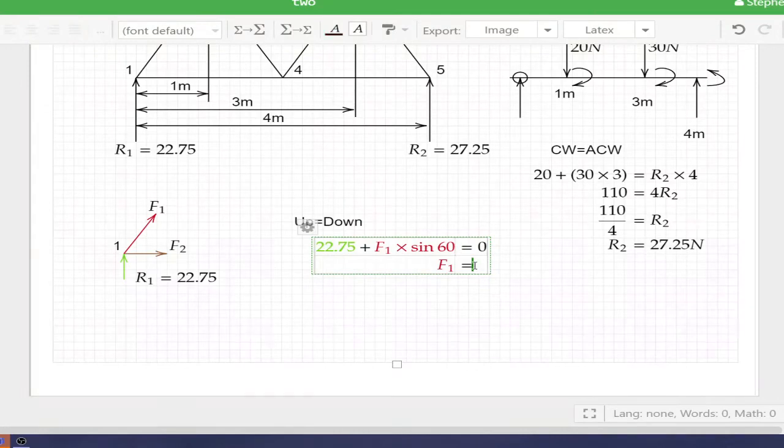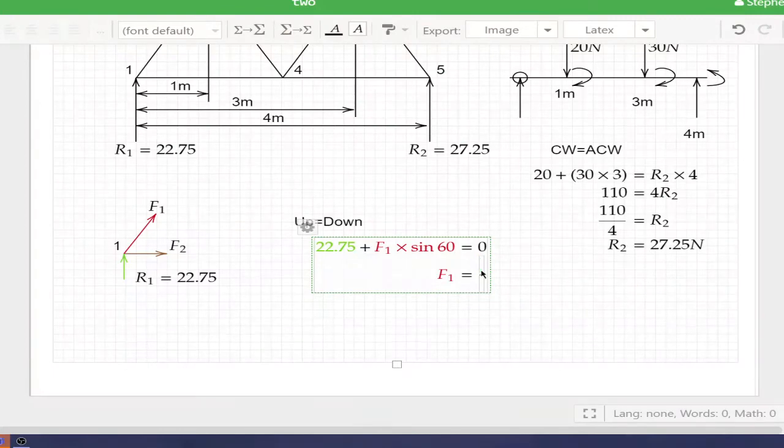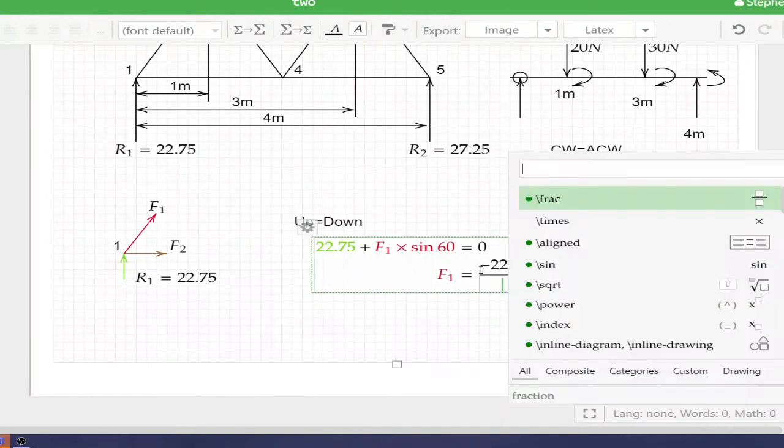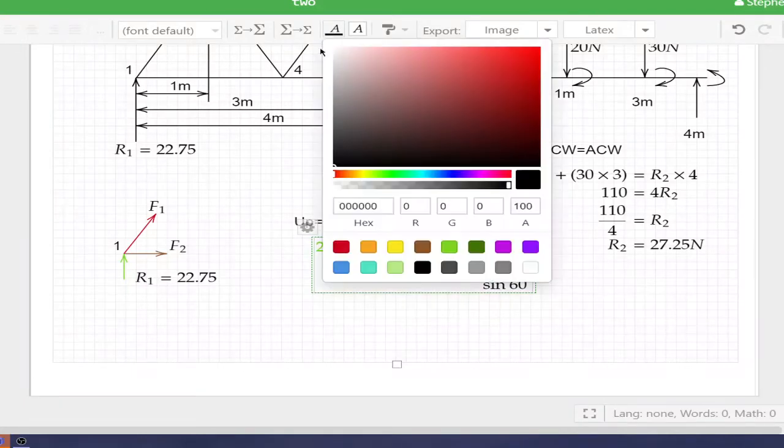There we go. So F1 would equal minus 22.75 divided by sine 60.